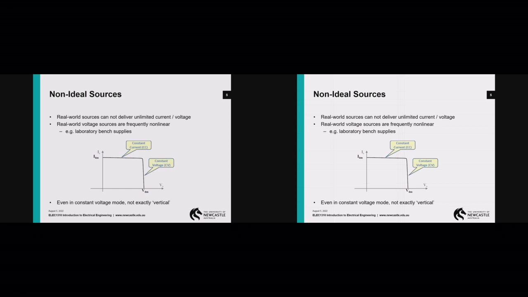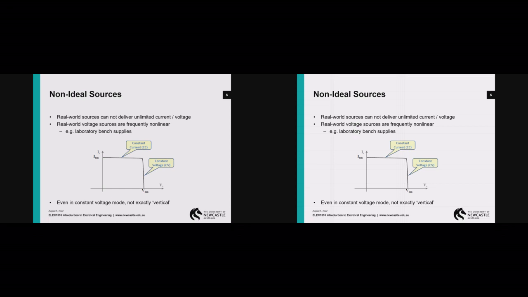So real voltage sources are frequently non-linear, and the example I'll give you is your bench power supply, where you have a voltage knob and you have a current knob. And what that voltage source will do is something like this. So it will provide constant, in inverted commas, voltage up until some current limit, which you've set with your current limit knob.